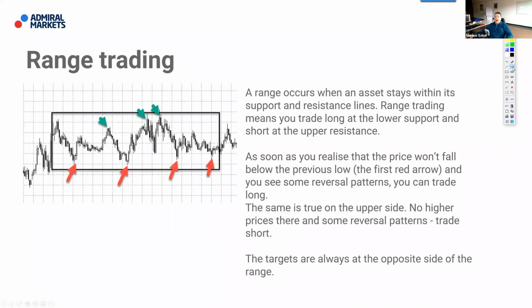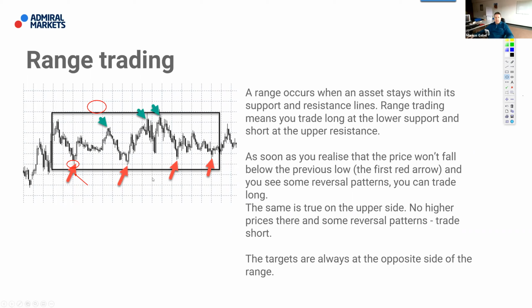I will show you live here. This is the first red, and you see some reversal patterns there in the chart. Then you can trade long with a target on the upper side, the opposite direction, or maybe you trail your stop by movement and let the market decide how much money you will get.